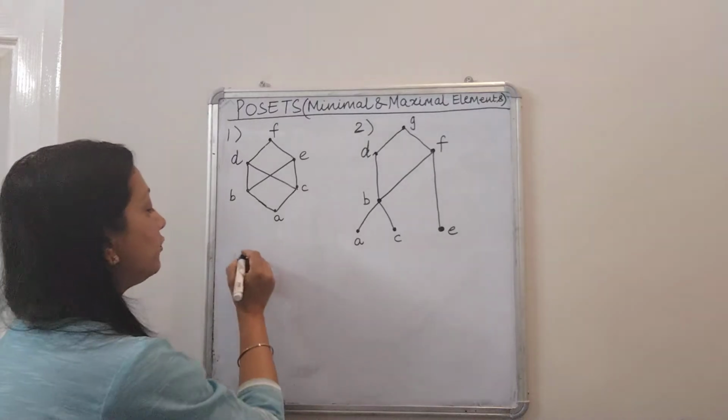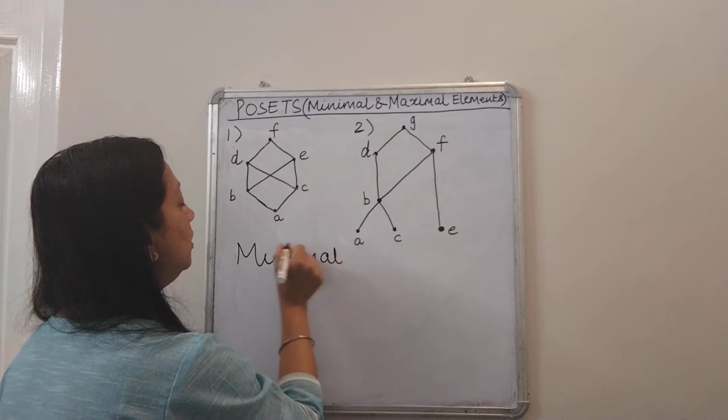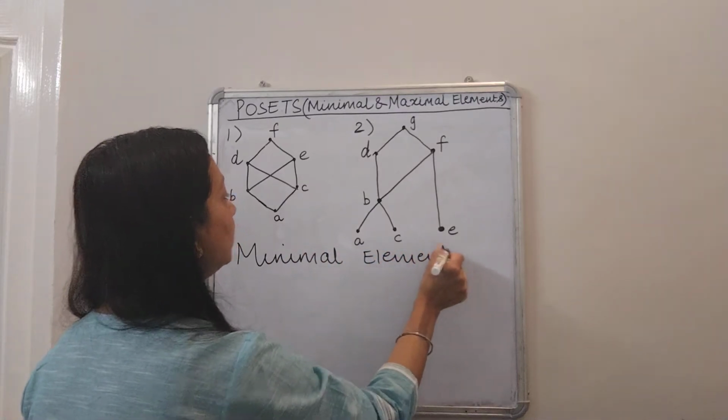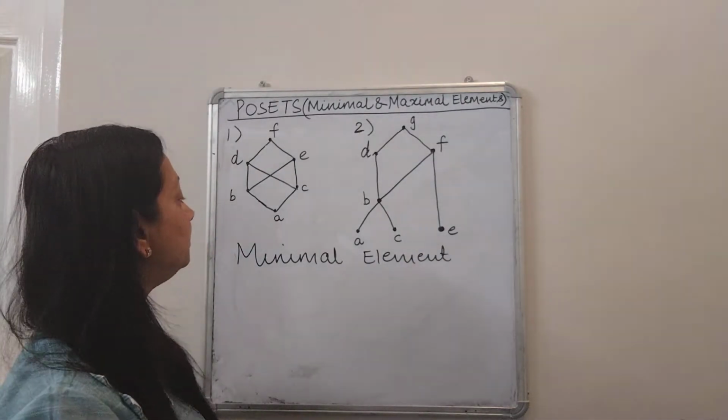Alright, so first of all, what are we talking of? We want to find out a minimal element in these two Hasse diagrams. So let us first look at diagram number 1.